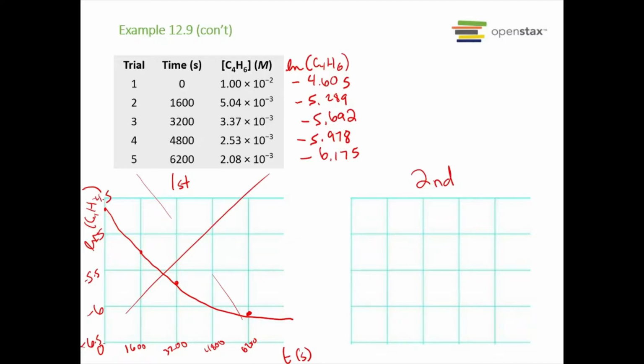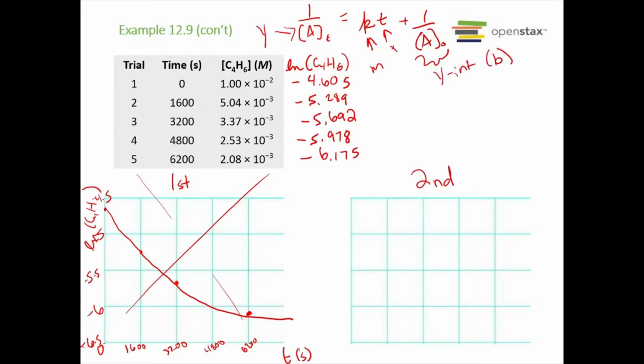Remember, for the second order graph, our equation, excuse me, it was 1 over AT equals KT plus 1 over A naught. So it's y equals mx plus b. So our y data is 1 over AT, our slope is K, our x data is T, and our y-intercept is 1 over A naught, aka B. So now we need to do 1 over AT for all of our data.